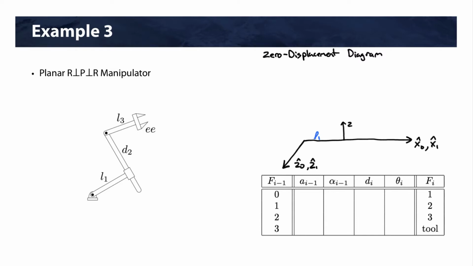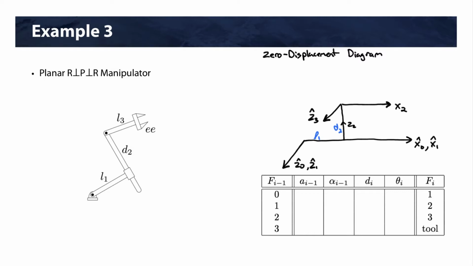We'll have Z2 this way, and we're going to have a length D2 that takes us to X2. We know that joint 3 is perpendicular to joint 2, so we're going to have Z3 coming out of the page.